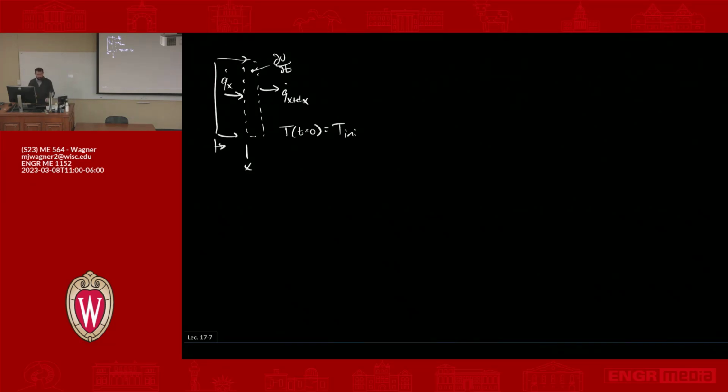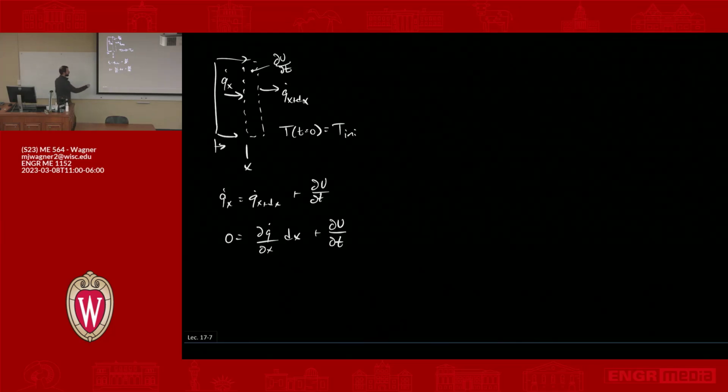We then do our energy balance, as we've done many times now, and that becomes q dot at x is equal to q dot x plus dx plus partial u with respect to time. Expand that out and cancel things, and we end up with 0 is equal to partial q dot partial x dx plus partial u with respect to time.